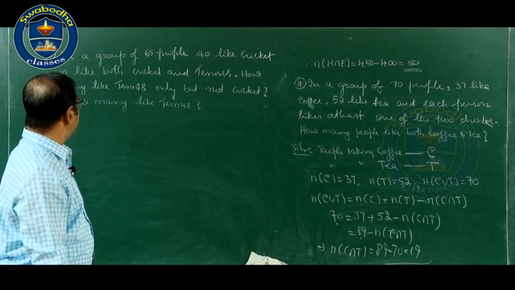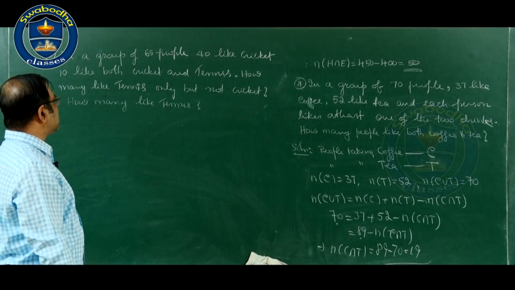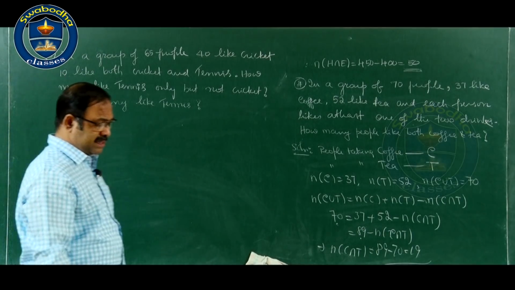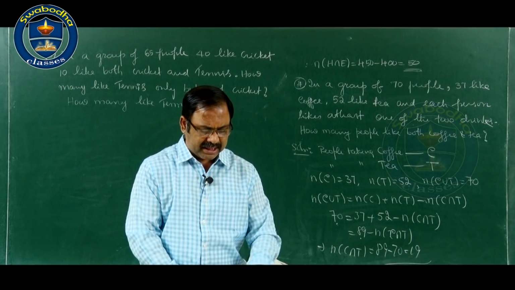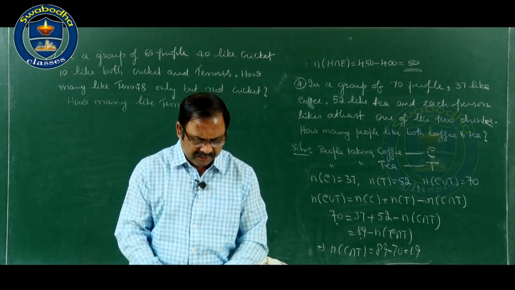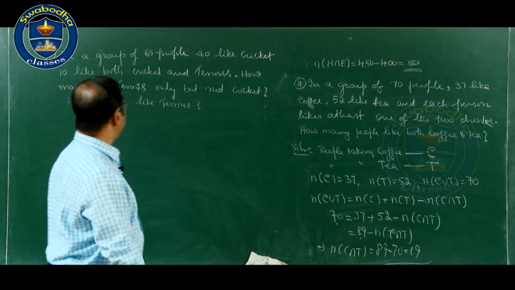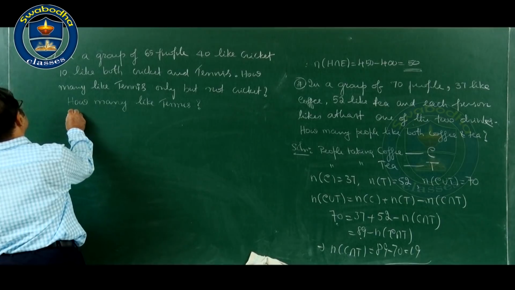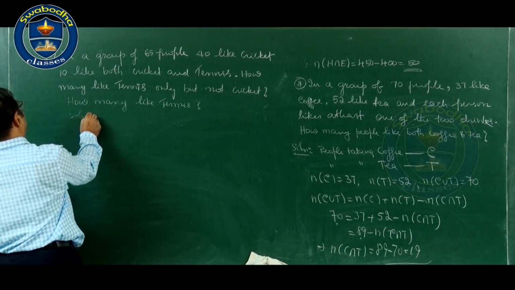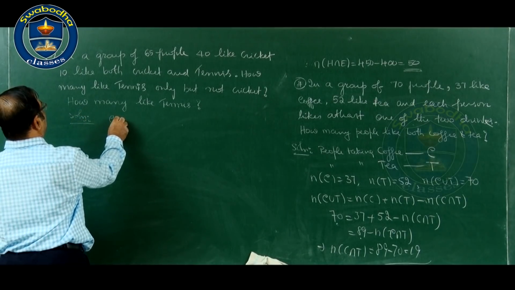See, first, in a group of 65 people, we find that 40 like cricket. So, solution.